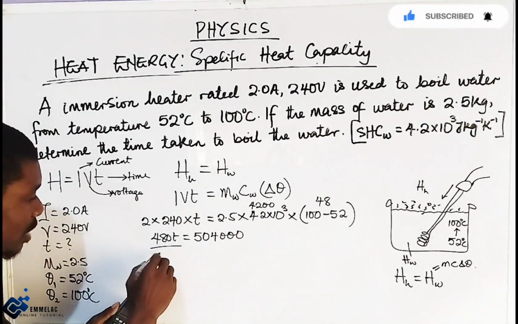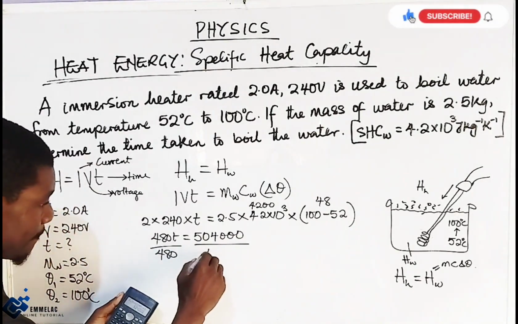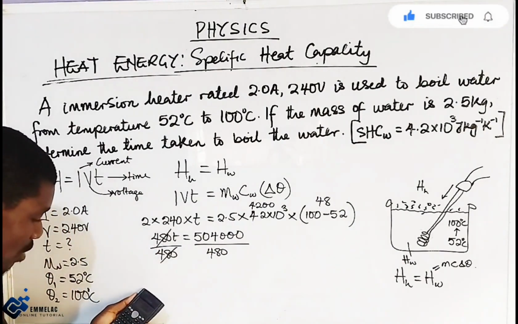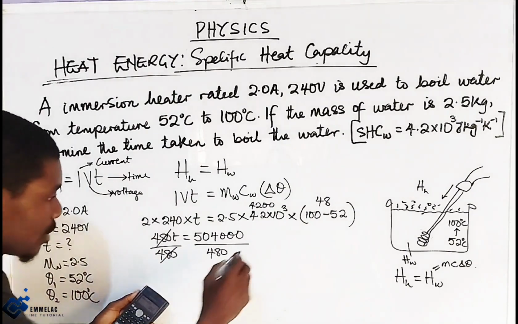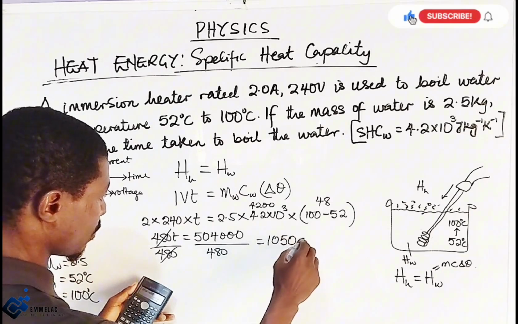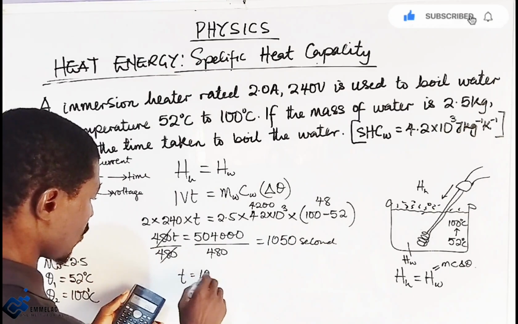Now divide both sides by the coefficient of T, which is 480. So 504000 divided by 480 gives us 1050 seconds. So the time is 1050 seconds.